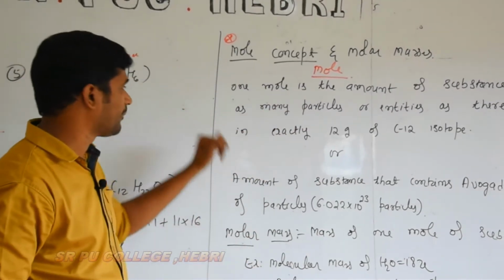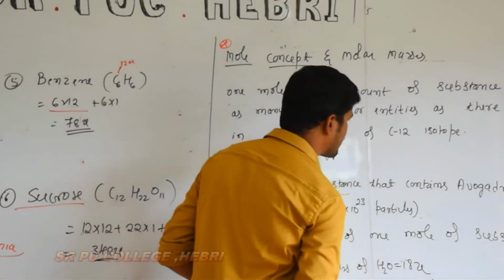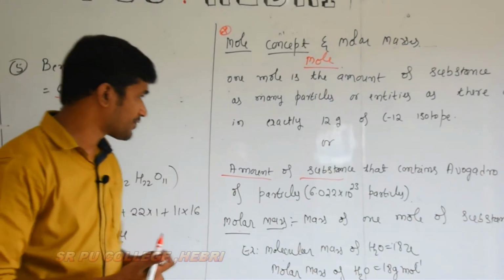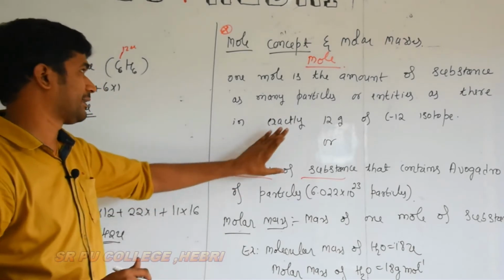The definition looks complicated. Simply you can write like this: amount of substance that contains Avogadro number of particles, or amount of substance that contains 6.022 into 10 to the power of 23 particles.